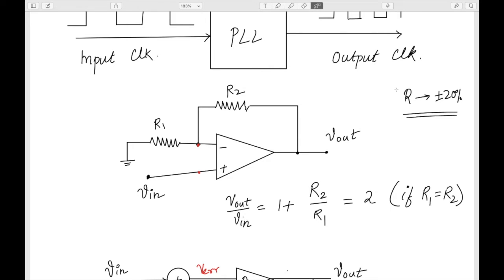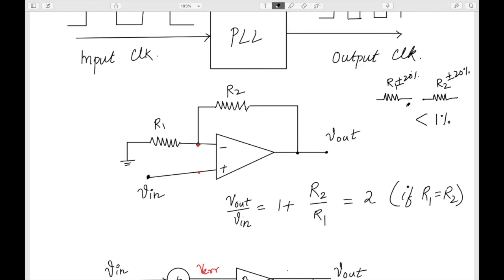But the good thing about IC design is that matching is very easy, right? If I fabricate a resistance here and another resistance here, the matching between these two can easily be brought to less than 1%. So if this varies by plus minus 20%, this also will vary by the same amount, because both of them are fabricated using the same process and in the same environment.